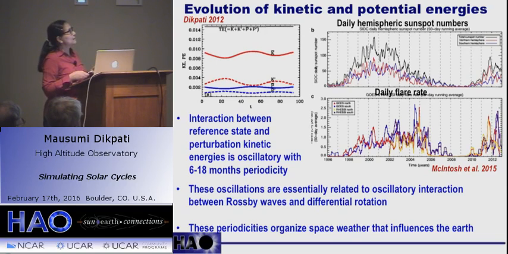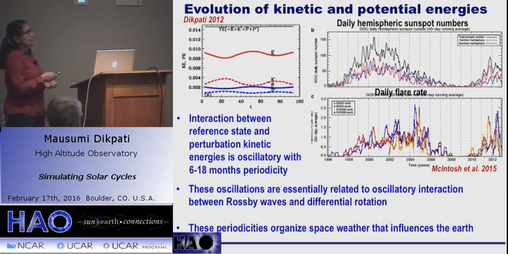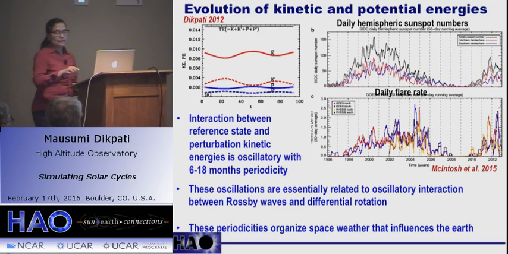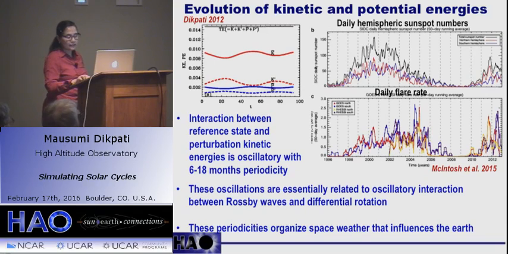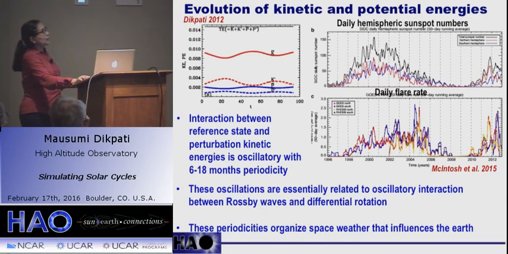Bursts of flare activities also with an approximately 1 year periodicity. So from these tachocline instabilities and oscillations of magnetic signals, we may be able to predict this. That is what I said, that I will demonstrate how to simulate the longitude dependent features and short time scale space weather type events.